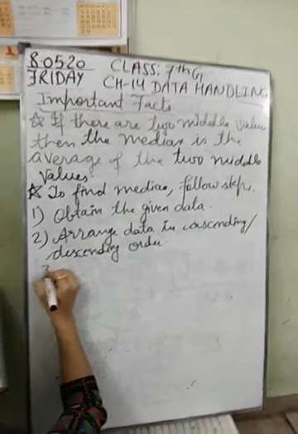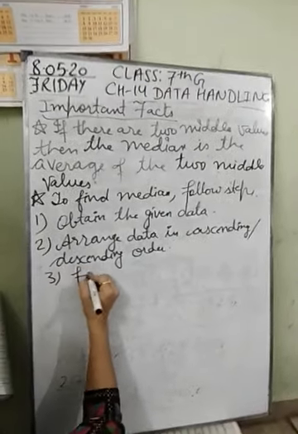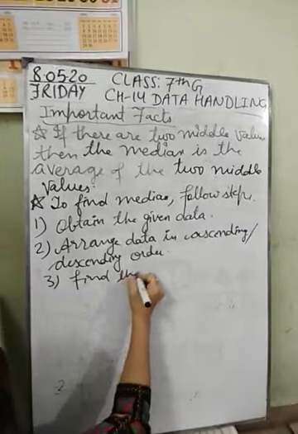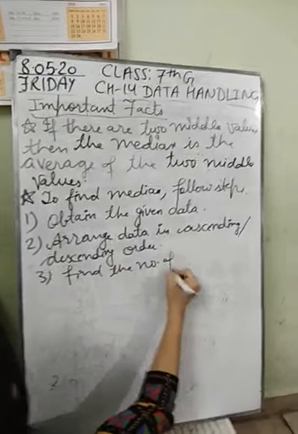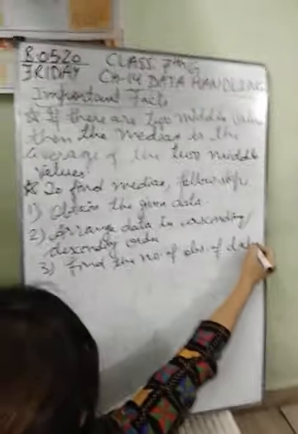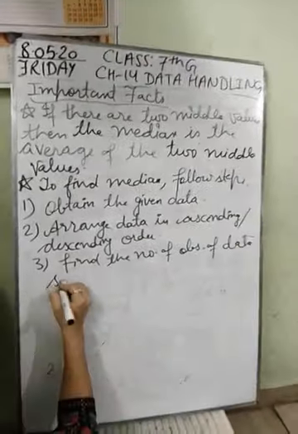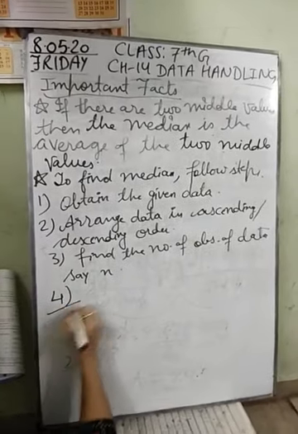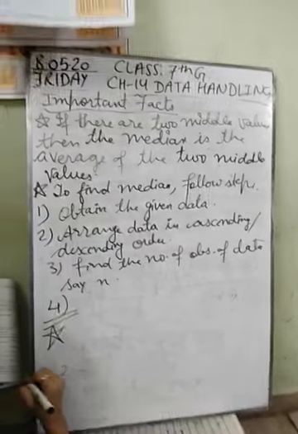Step number 3, you should find the number of observations of data, say n.